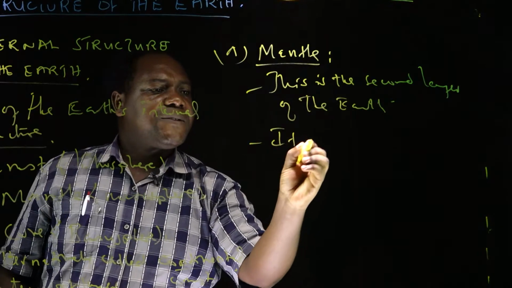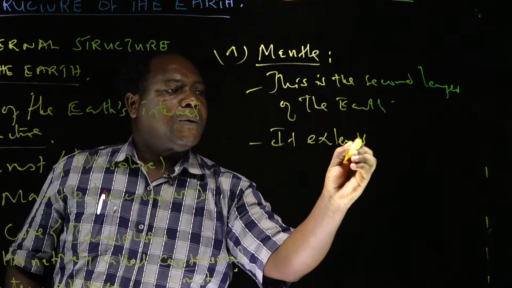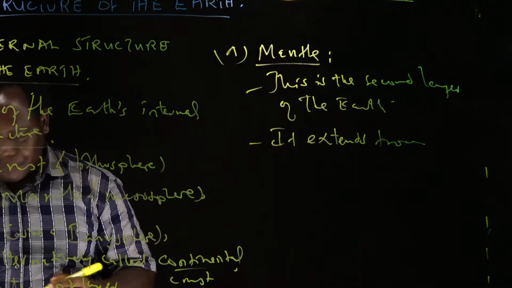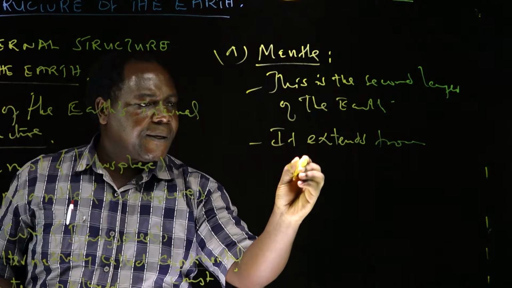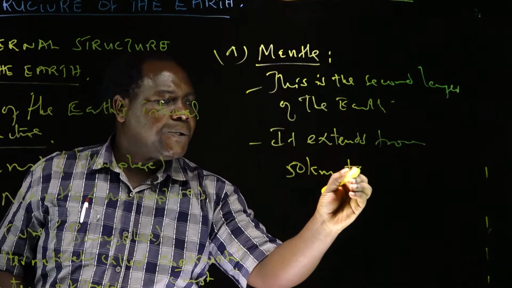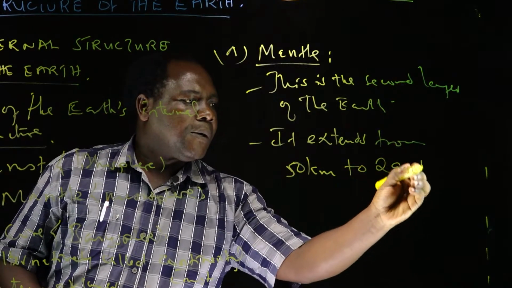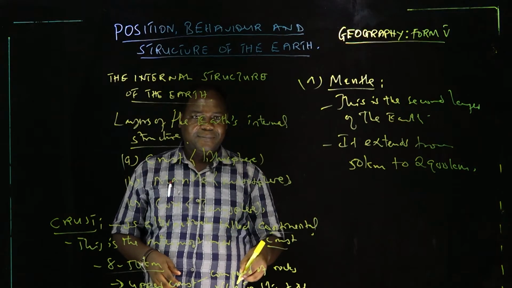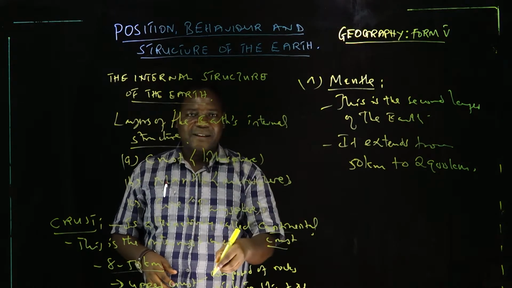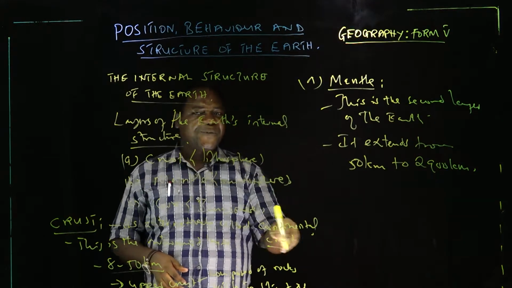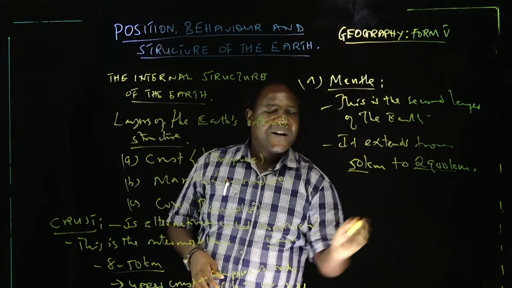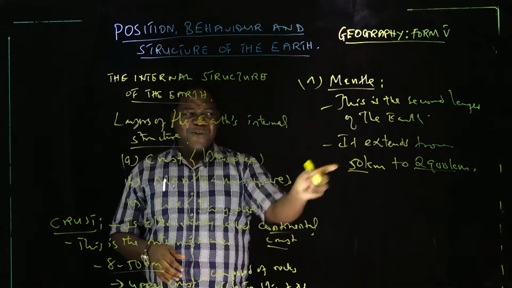It extends from 50 kilometers to a great number of kilometers deep. The first layer started from 8 to about 50 kilometers. Now this extends from this to this one. Imagine how long is that?